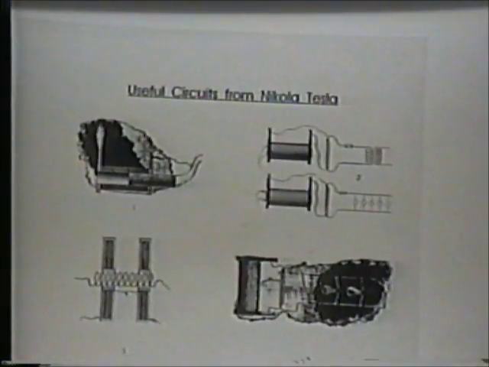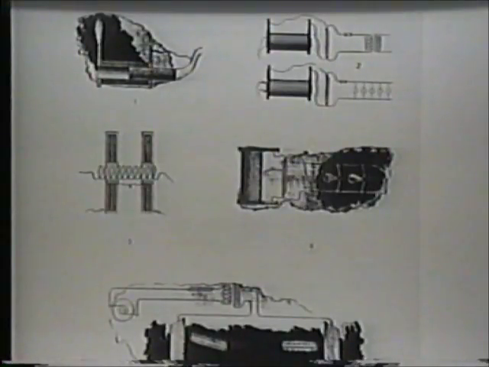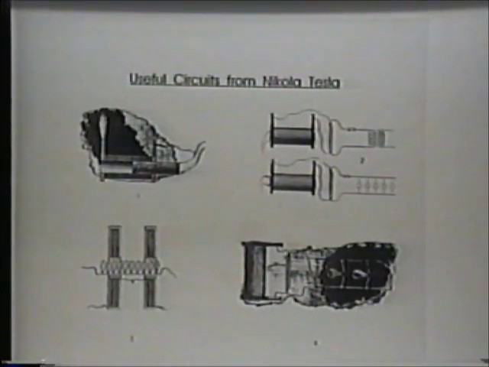These are useful circuits which I gathered up out of one of the Tesla publications, and if you notice, number 1 there is showing that tuning circuit which I showed you early on, where we slide the L1 coil inside the L2 coil, and you know when you've got it tuned because you start getting sparks.